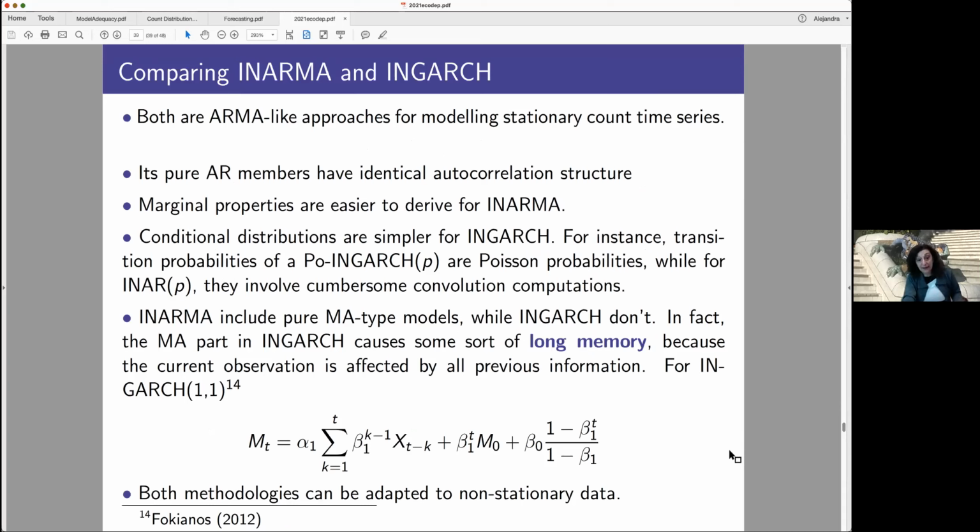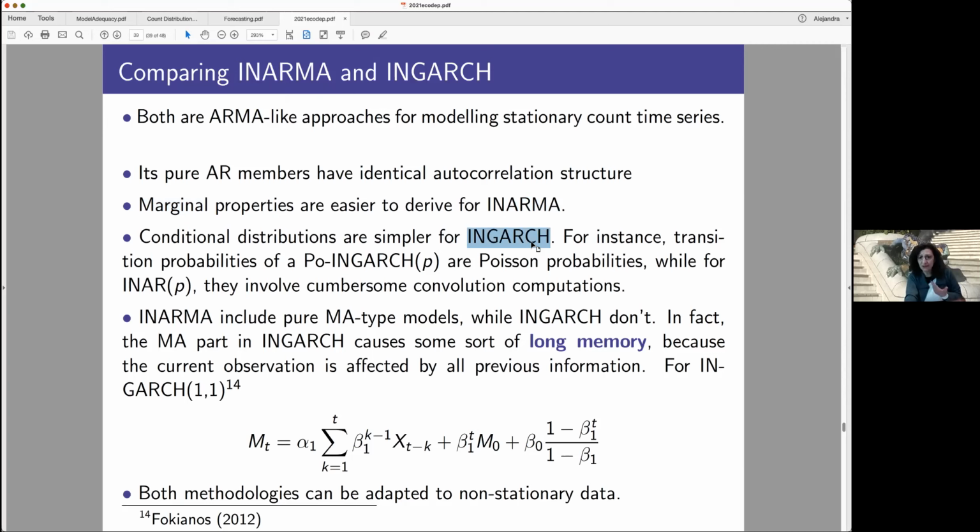Okay, so to round things up, how do INARMA and INGARCH compare? Both are ARMA-like approaches for modeling count time series, and the pure autoregressive members have identical correlation structure. On one hand, marginal properties are easier to derive for the thinning-based models, but conditional distributions are much simpler for the conditional regression models.